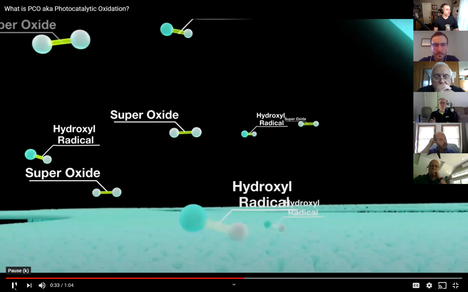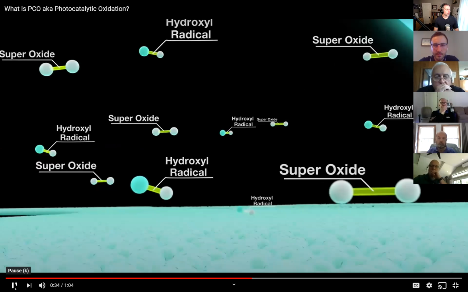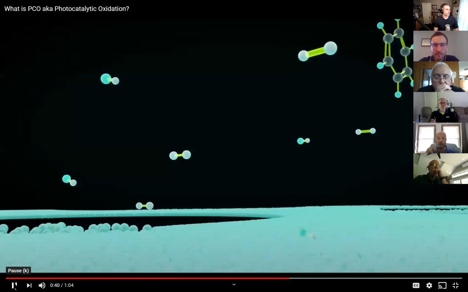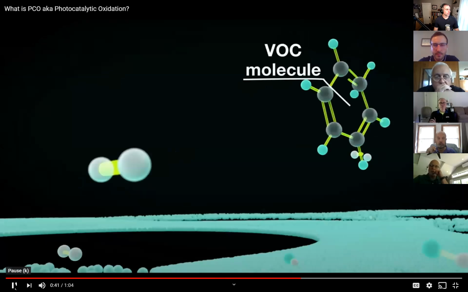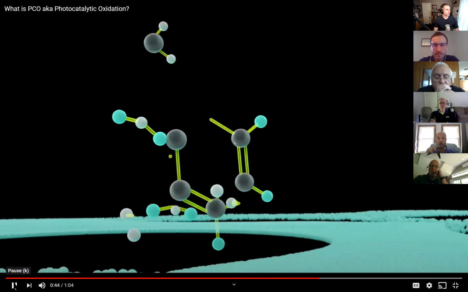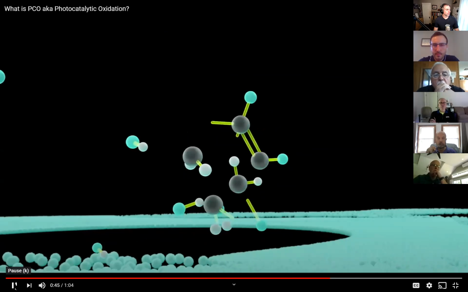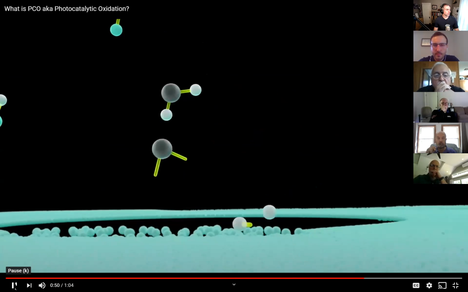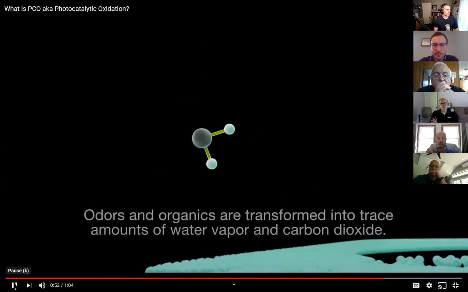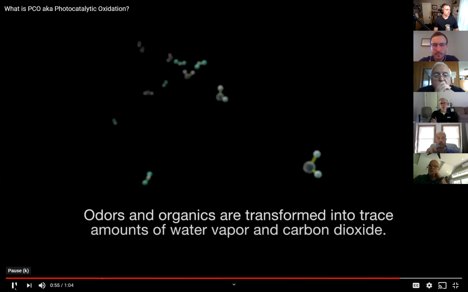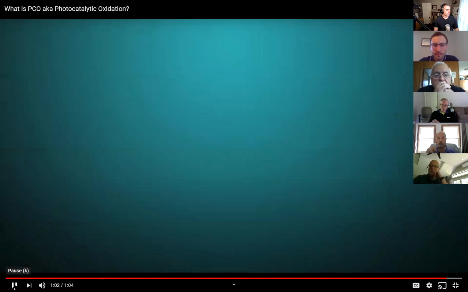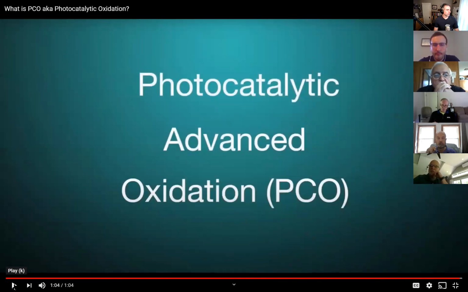Together with the superoxides, a powerful photocatalytic oxidation, or PCO field, is created. As odors, germs, mold, and other VOC organic molecules approach the PCO field, they are disassembled as the oxidizers pull electrons from them. The purification process is completed, with the remaining molecules recombining to form simple water vapor and trace amounts of carbon dioxide. Ultravation's advanced oxidation.